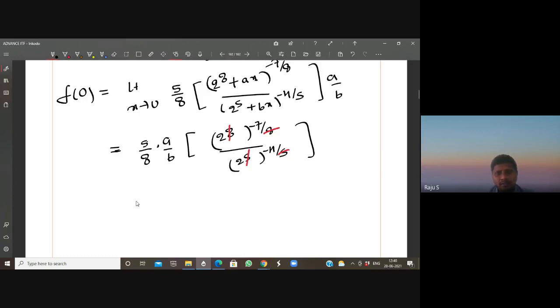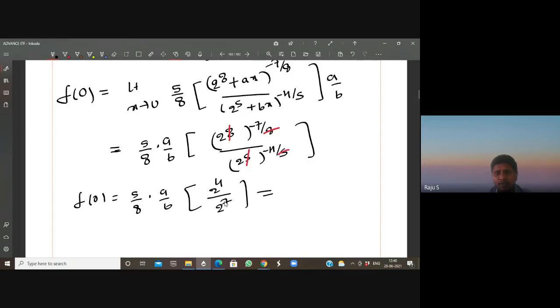Then what is the remaining value? f of 0 is equal to 5 by 8 into a by b into 2 power minus 7. That is, 2 power minus 7 can be written as 1 by 2 power 7, and 2 power minus 4 can be written as a numerator. So finally it is equal to what? 2 power 4 gets cancelled.